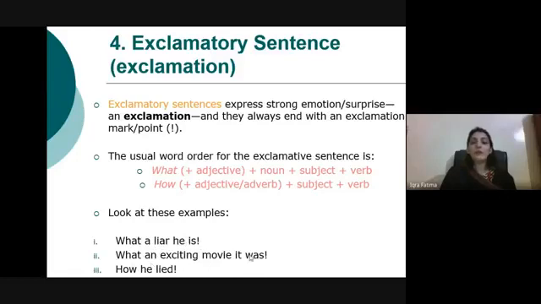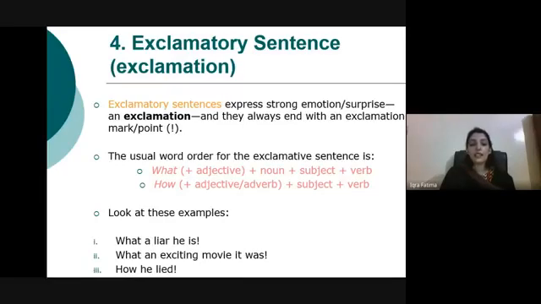What an exciting movie it was. What an exciting, what kind of adjective? Movie, subject, it subject and was verb. How he lied. How, he subject and lied verb. How exciting the movie was.